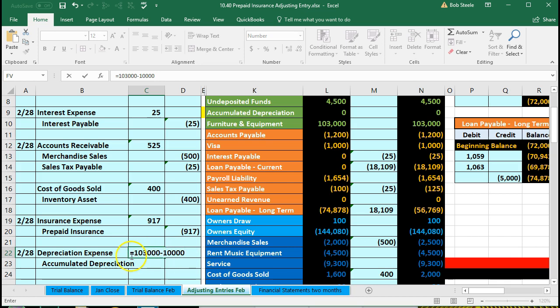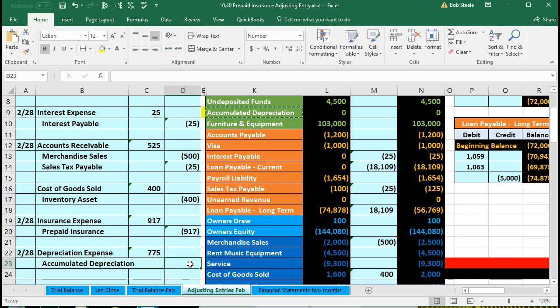So we need the brackets. If we're just going to write it linearly, I'm going to put the brackets around here and then divide it by 10. And then that would give us the depreciation for a year, and we need to divide that whole thing by 12. I don't need brackets this time. We could put brackets around here and here, but we don't need it because it'll do this bracketed thing first, and then it'll go from division of the 10 and then division of the 12. So we'll just divide by 12, and that'll give us the 775.